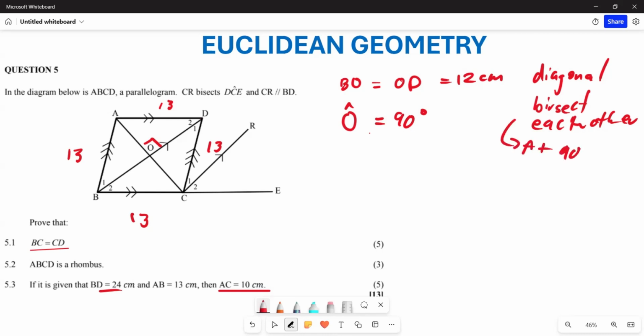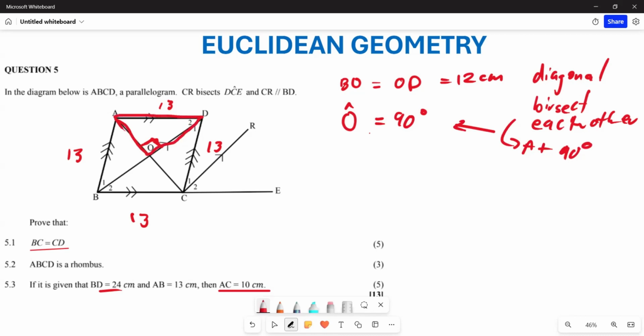That's going to be the reason behind this. As soon as you get that, you can use this to find out what this one is. You can use your theorem of Pythagoras to look at this particular triangle, right?